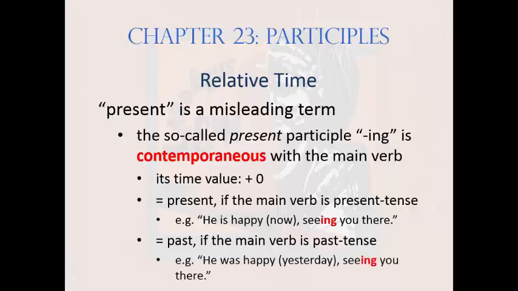He was happy yesterday, seeing you there. In other words, he saw you in the past, and that made him happy back then. Now, who knows, maybe he's miserable. So in this sentence, the seeing and the was happy are both events that took place in the past, meaning a so-called present participle denotes in this context a past tense action.